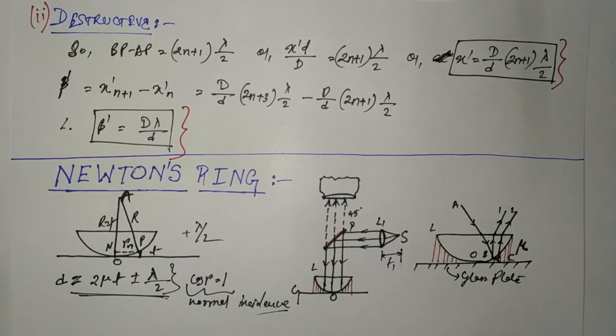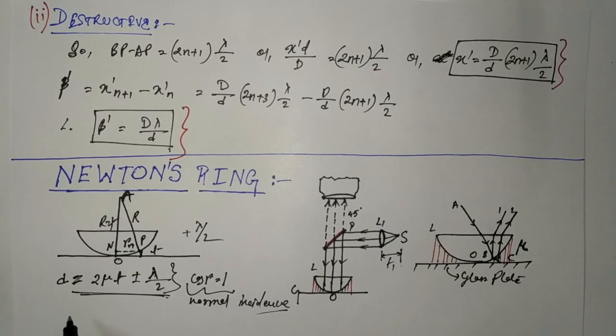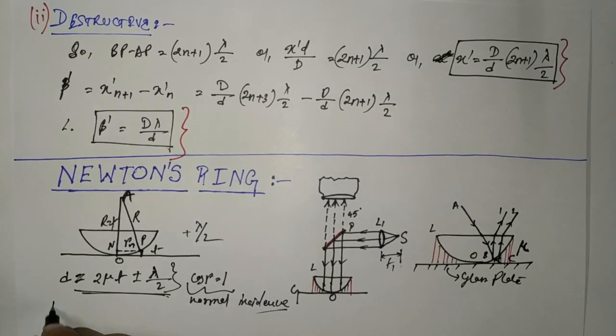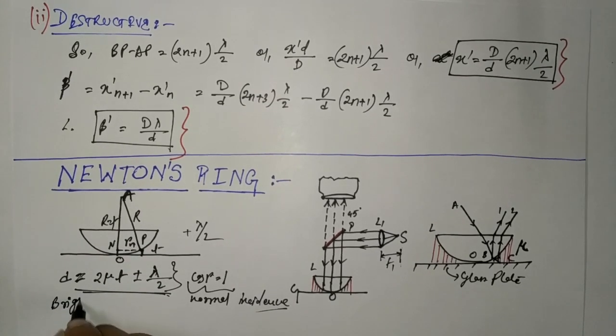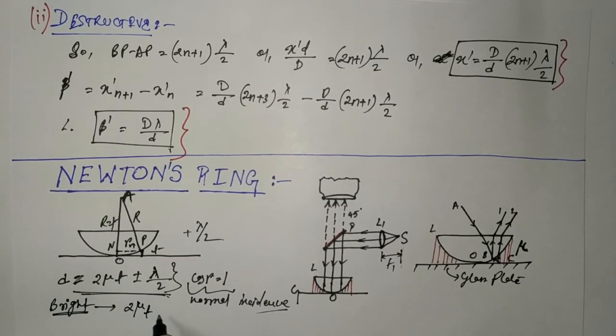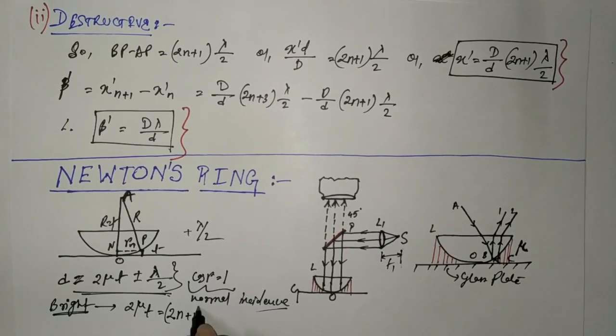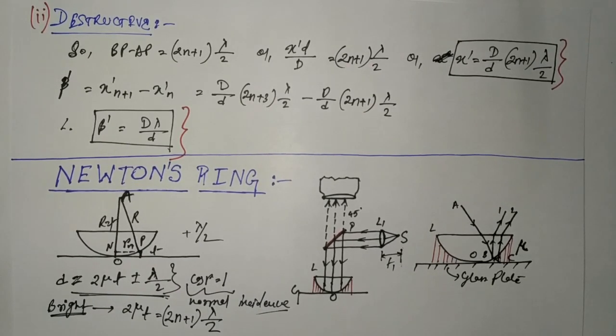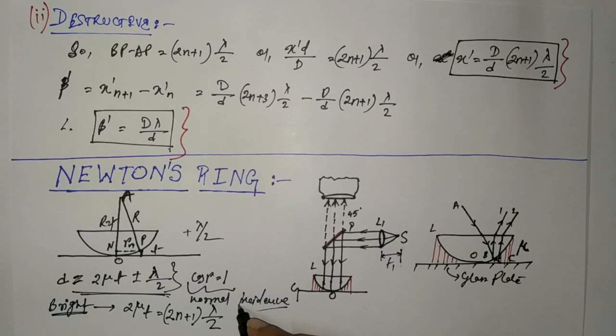Therefore, for bright fringe the condition will be 2 mu t is equal to 2n plus 1 into lambda by 2. So this will be the condition for bright fringe.